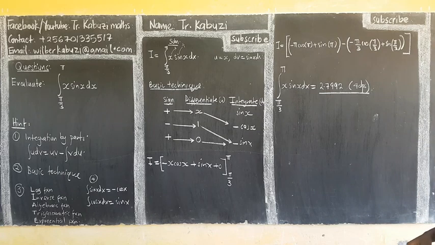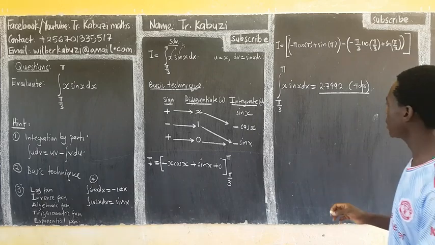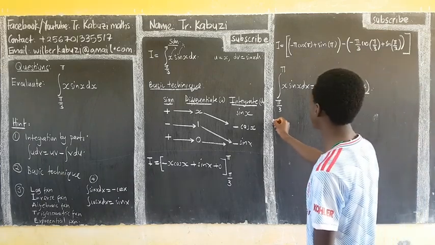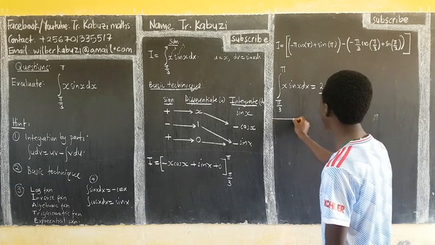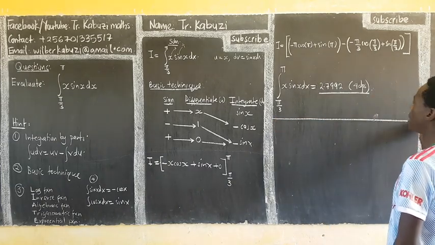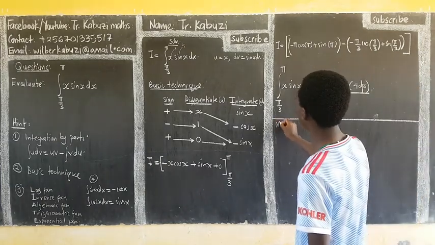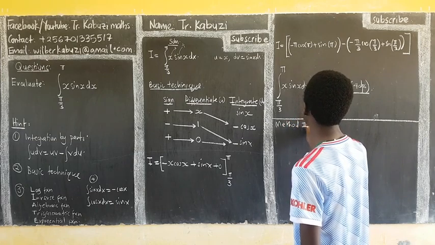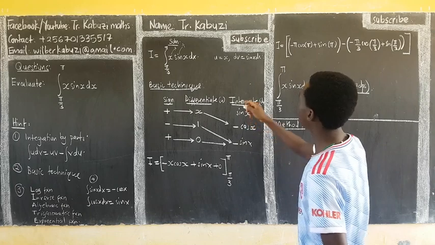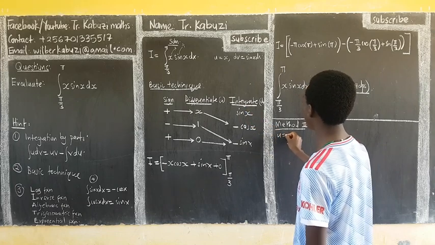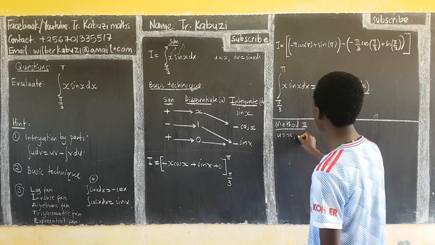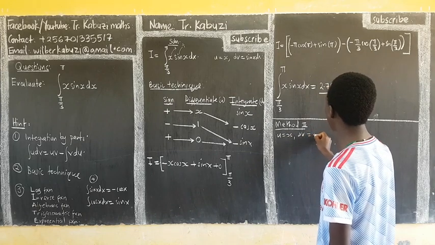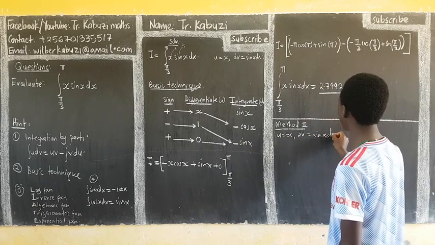Then those who are using the other method, I can try, then I simplify for you. Also those who are using that, remember, method 2. Remember we said in method 2, our u is x, and then our dv is sine x dx.